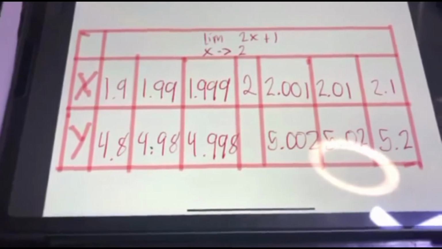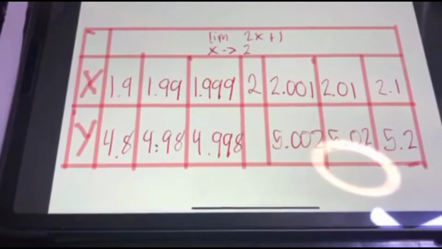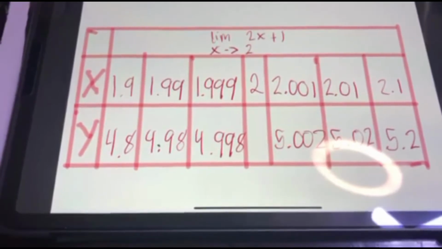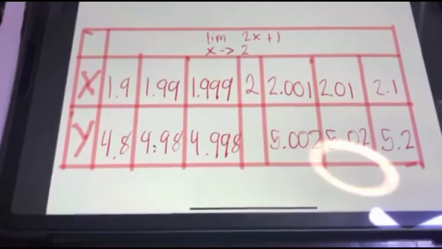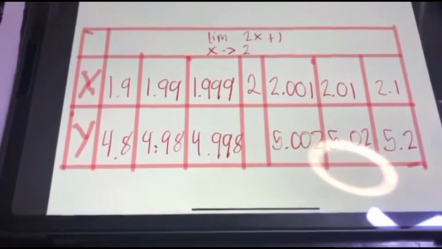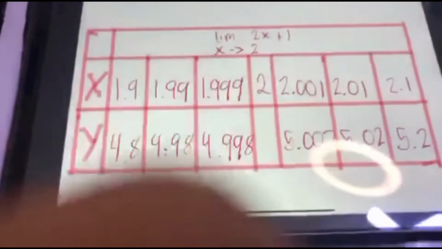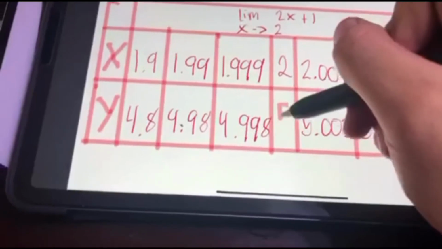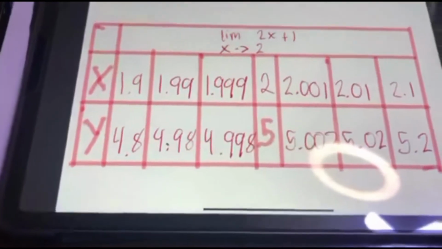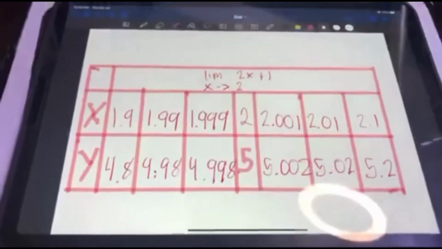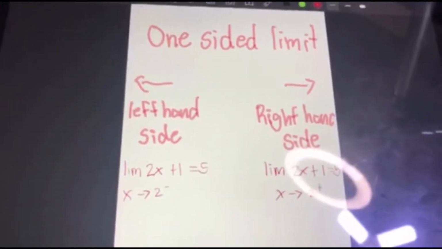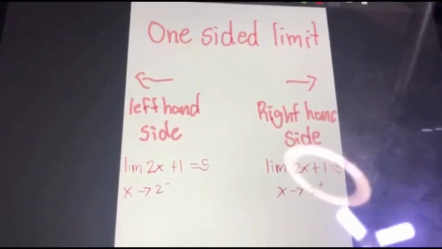So let's see our answer. We can say that the limit of 2x plus 1 as x approaches 2 is equal to 5. So we have one-sided limits, a left hand side and a right hand side.